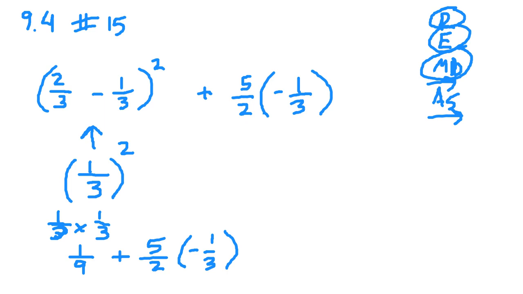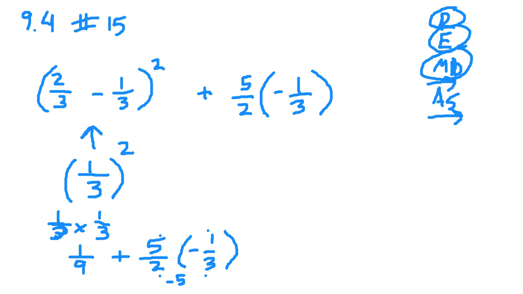To multiply fractions, we take numerator times numerator and then denominator times denominator. So first I have a 5 times a negative 1, which gives me a negative 5. And in the denominator, I have 2 times 3, which is 6.